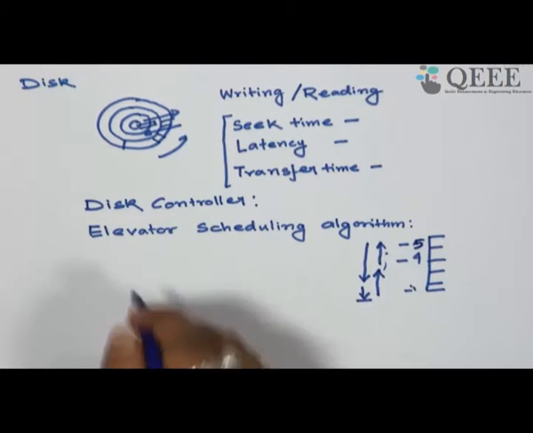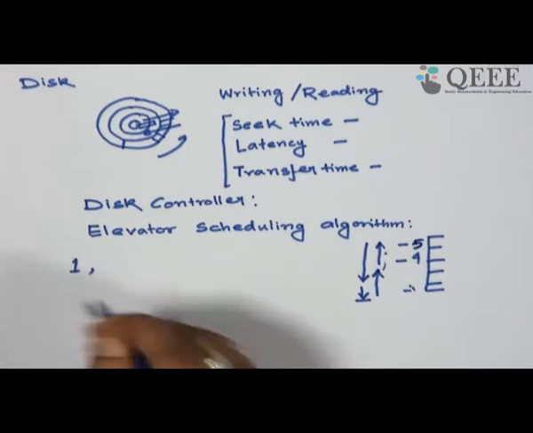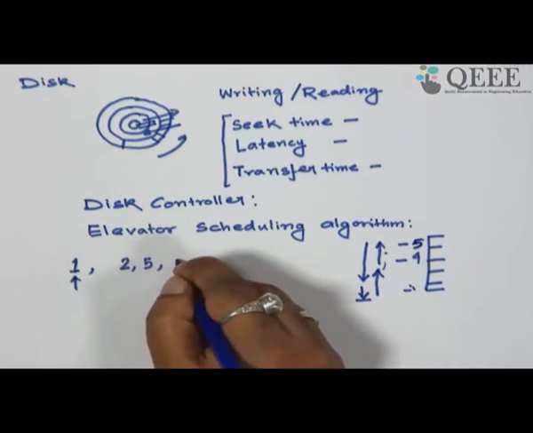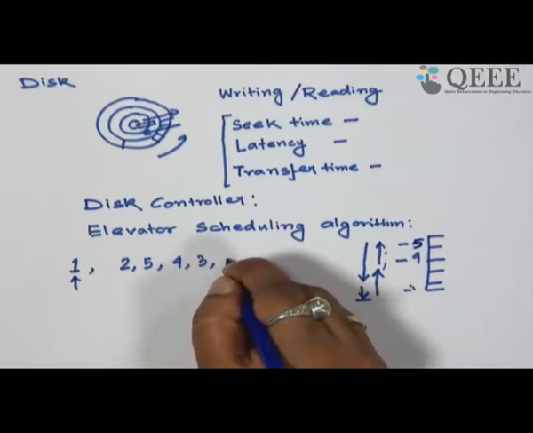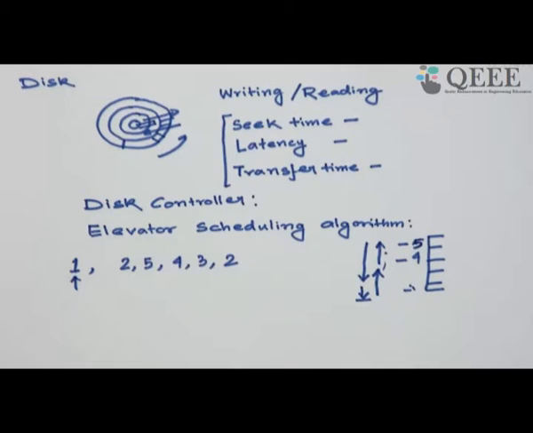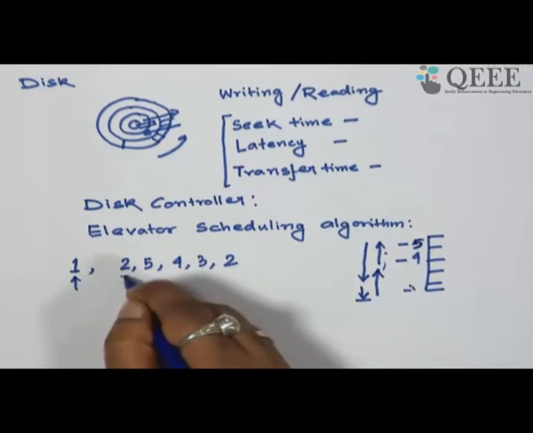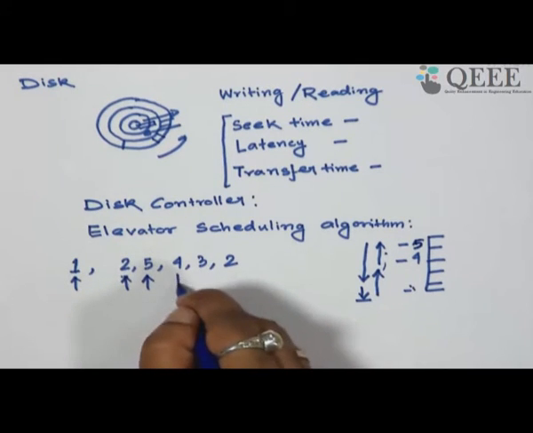Say for example, the elevator is currently in the first floor. This is the current position, and I have a set of requests 2, 5, 4, 3, 2 again. So what would it do? It will first process 2, go to 5, and in between it has 4, it will serve 4.